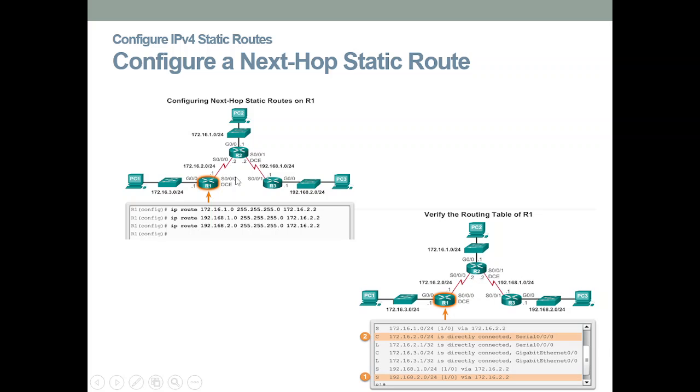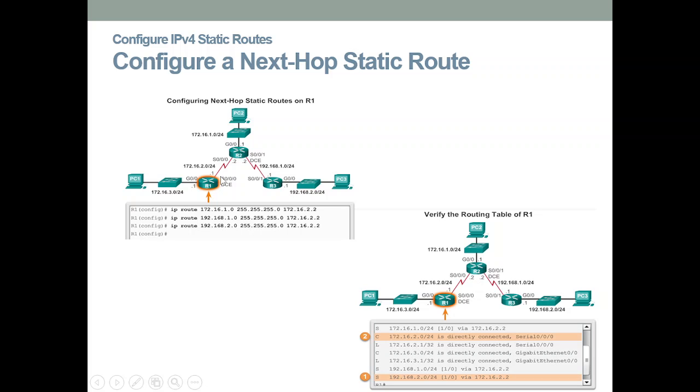The same applies to this. If I want to add another remote network to this router, I will say ip route. The remote network is given here, 192.168.1.0, and you put also its subnet mask, which is 255.255.255.0. Then the gateway is very important. When you want to send data here, this is how data is going to flow.